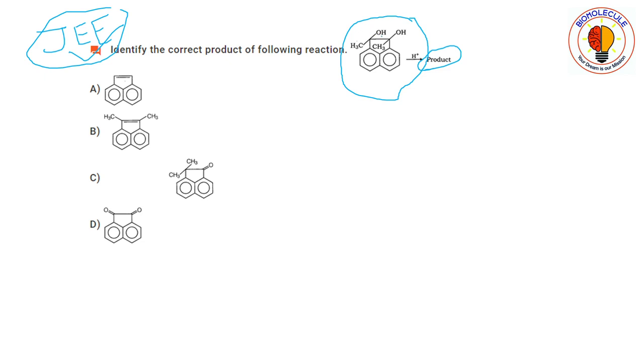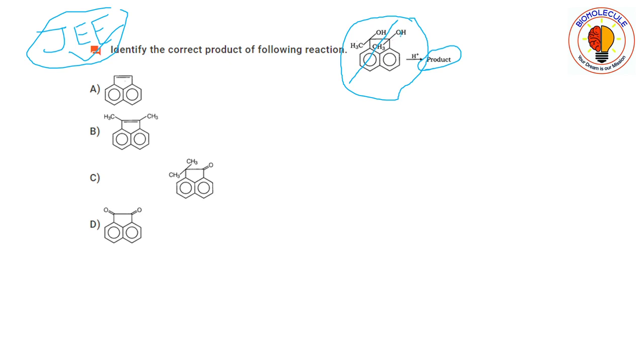So now this is symmetrical. If we draw a line from the C-C single bond, then you can see here that the same groups are present, that is it is symmetrical. So no matter from which carbon you are removing water, you will end up with the same intermediate. Okay, that is the carbocation.